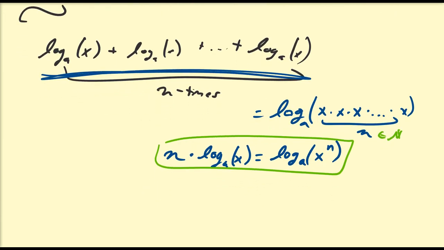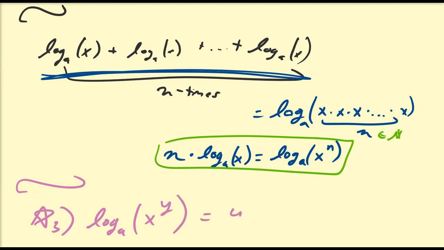So this gives rise to our third relationship, that the log base a of x to the power of y is equal to y times log base a of x. So every time you have a power on the interior of the parameter, you can pretty much bring that down as a coefficient of the logarithm, which is interesting.